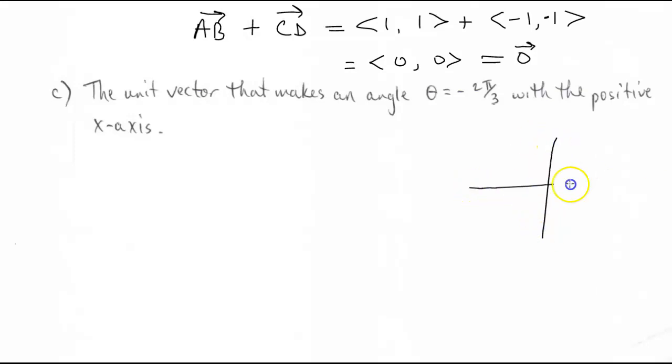So if we go ahead and draw a Cartesian plane here, and let's say we're going to rotate in a clockwise motion, because negative angles rotate clockwise, to -2π/3, and that is the same as -120 degrees. And we know that because π/3 in radian world is the same as 60 degrees in the angle world.